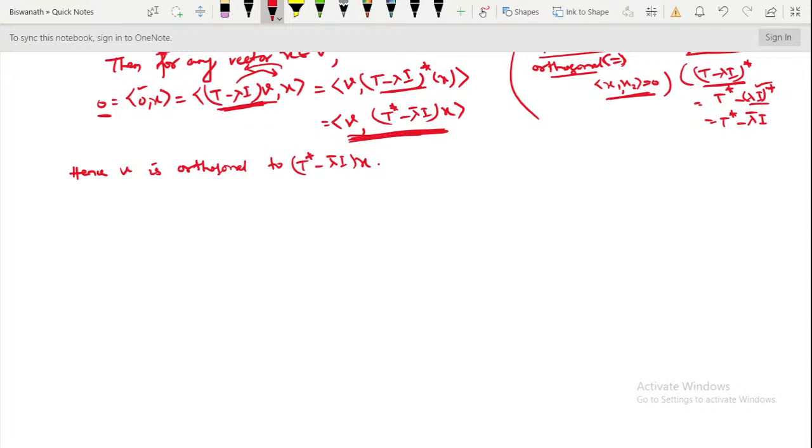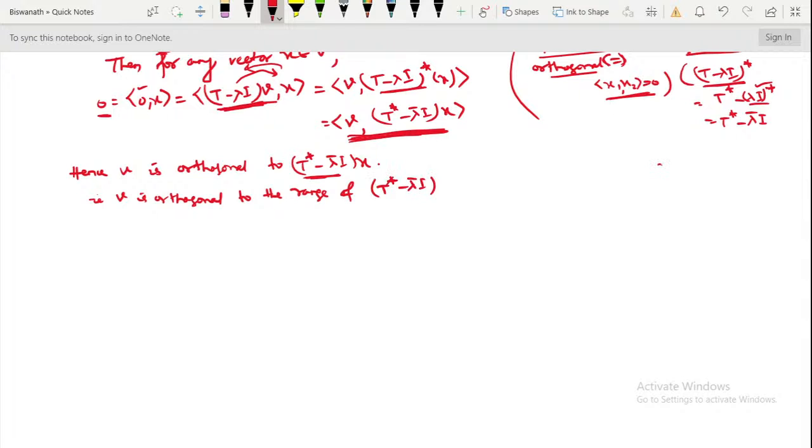And you know T star is a linear operator. Linear operator means just a function. So T star minus lambda bar I, you can think of as a function. So v is orthogonal to this thing. That means v is orthogonal to the range of T star minus lambda bar I.